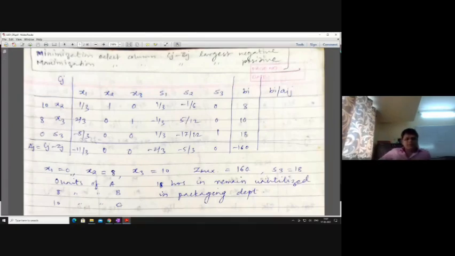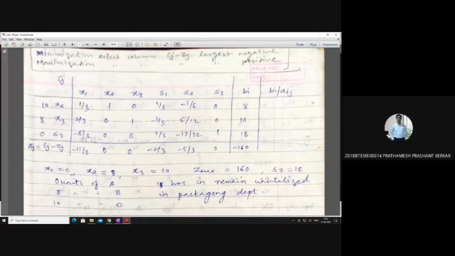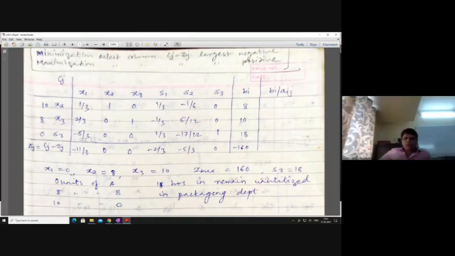Am I right? Yes, sir. S3 is equal to 18 is present. So 18 hours remain unutilized in packaging department. Why packaging? Because the third constraint is related with the packaging department, and in that department S3 assumes value of 18.